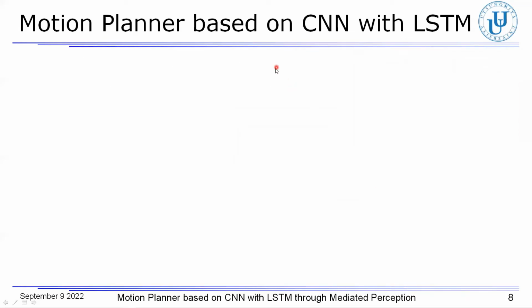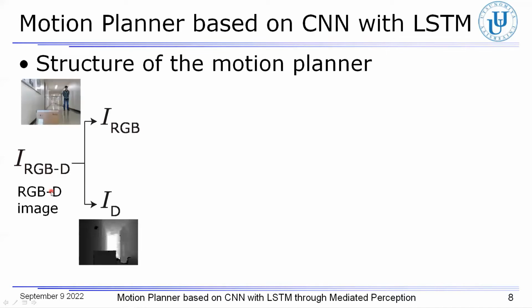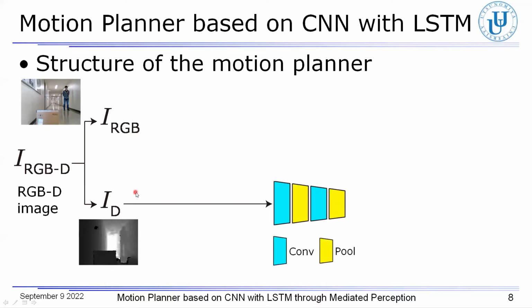Now, let us explain the proposed motion planner through mediated perception. First off, an RGBD image represented as I_RGBD is captured by a camera sensor. Then RGB and depth images are generated from the RGBD image. The depth image is directly fed as the input to the following convolution and pooling layers.